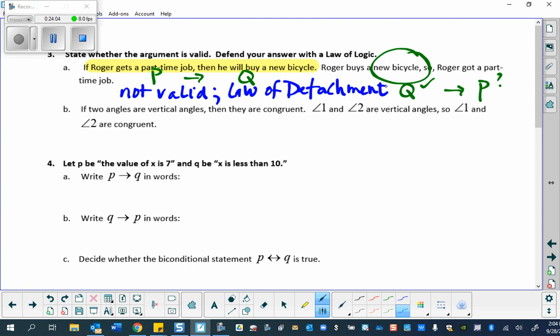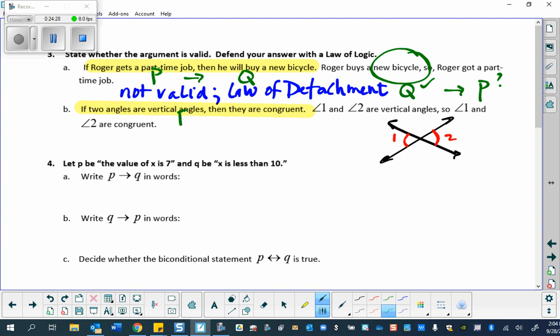All right? Let's try this one. If 2 angles are vertical angles, then they are congruent. So that is given to us as a true sentence. So let's go ahead and draw some vertical angles because we are told that angle 1 and angle 2 are vertical.